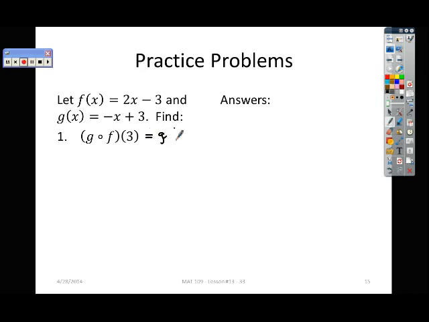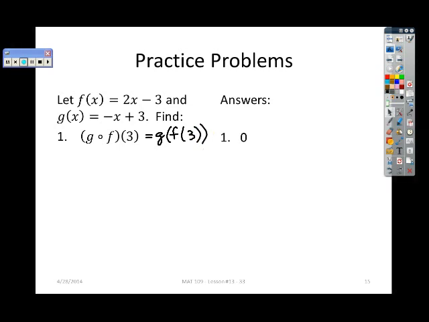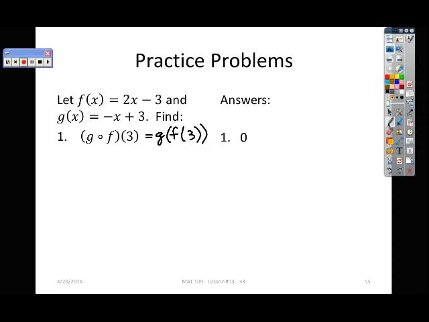Remember, this means that. What is that equal to? I don't think this is up there, but what would this be? Same two functions.